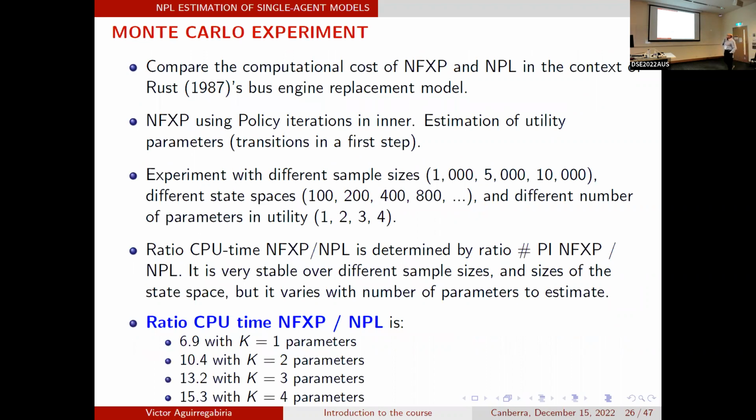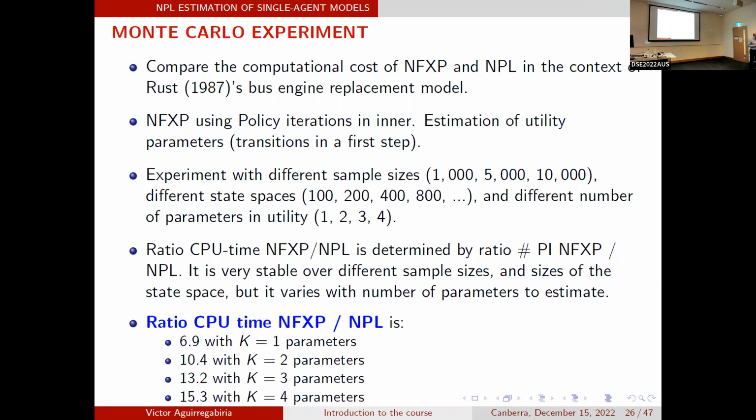In the paper, we also present some numerical experiments, some Monte Carlo experiments. Let me talk briefly about them. Initially, in fact, everything started the other way. We didn't have our asymptotic results, but we thought about this idea, and then we implemented the nested fixed point.